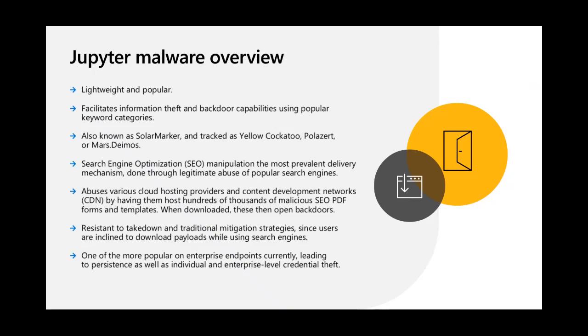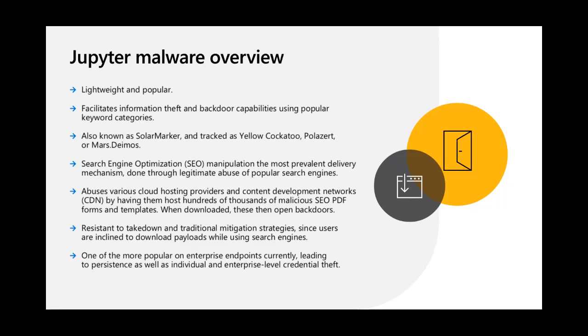So some background on the naming. I believe that the initial naming was Jupiter InfoStealer from MorphoSec, and then that evolved and different organizations had different names that were adopted based on different qualities of the malware. Solar Marker is currently the most popularly used term to refer to this malware, in part due to a previous .dat file that was used to identify clients that were infected with the malware.